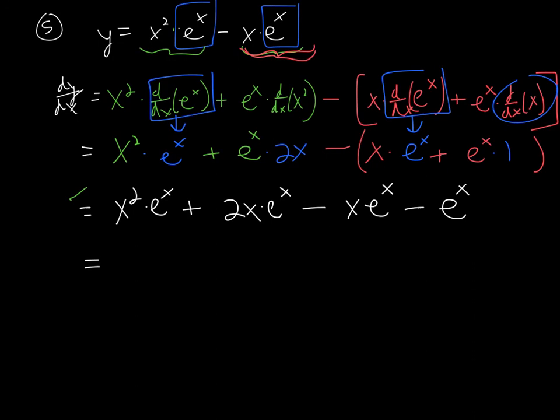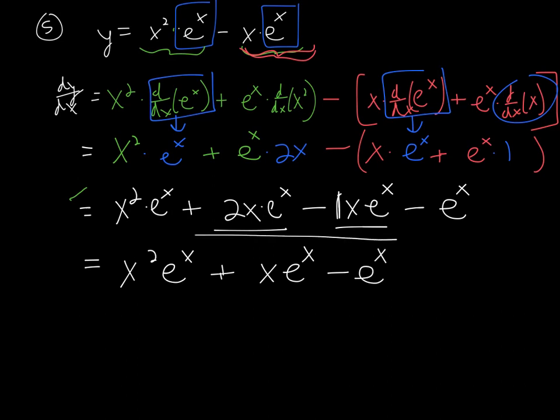X squared e to the x, I've got a plus 2x e to the x, and then I've got a minus 1x e to the x right here. Those would be like terms, so I can actually combine those two. Plus 2 minus 1 is going to give me plus 1. So I've got x squared e to the x plus 1x e to the x minus e to the x. And that's going to be my final answer.